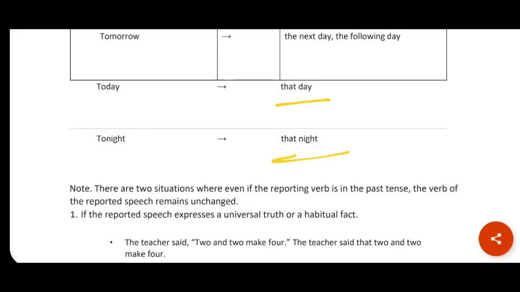But here in certain situations, the verbs of the reported speech remain unchanged. So which are these situations?